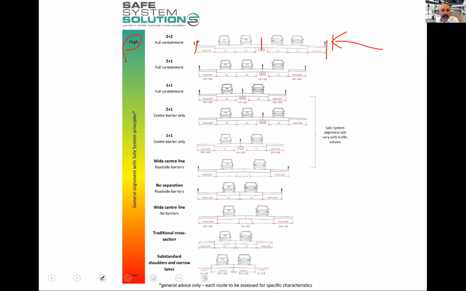And I'm not going to go into detail of it, but really these cross sections where we have full containment, you can call it the bumper bowling of roads if you want to. It just acknowledges people are going to fall asleep, they're going to leave their lane. We're going to try and stop them doing that, but they will. And let's have a barrier there so they roll along that.